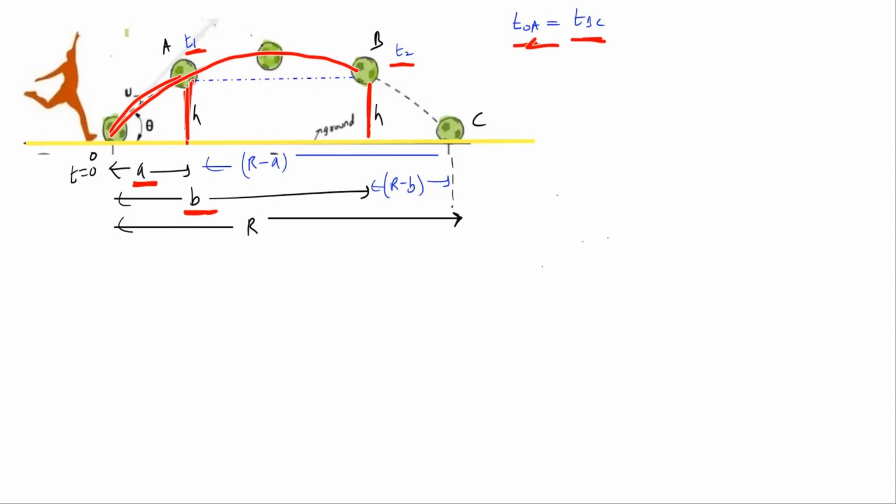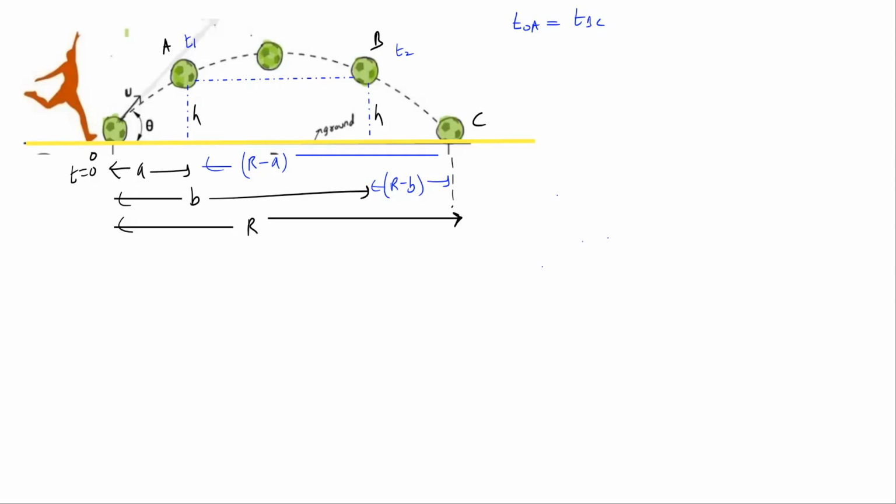If this is A, then this should be R minus A. If this is B, this should be R minus B. Let's write some possible equations and see what conditions come.